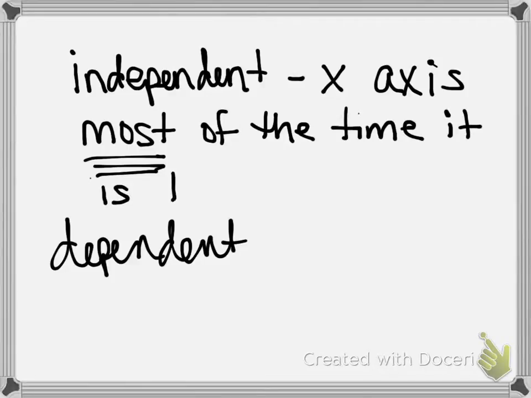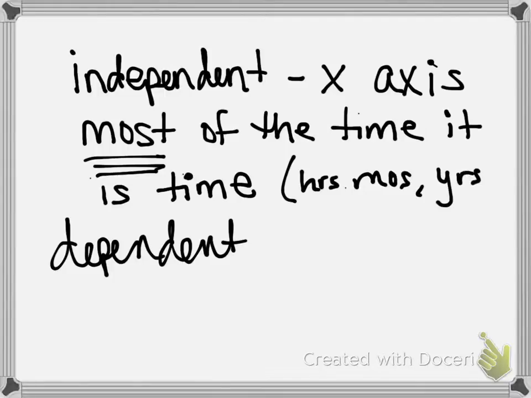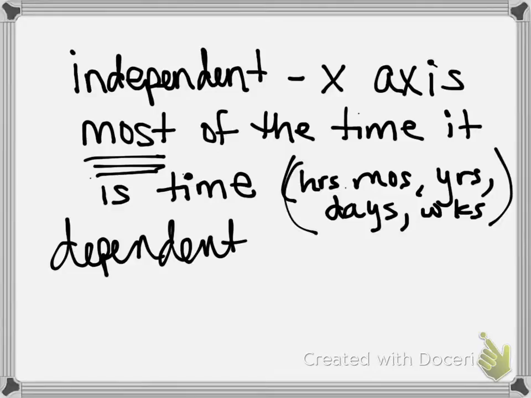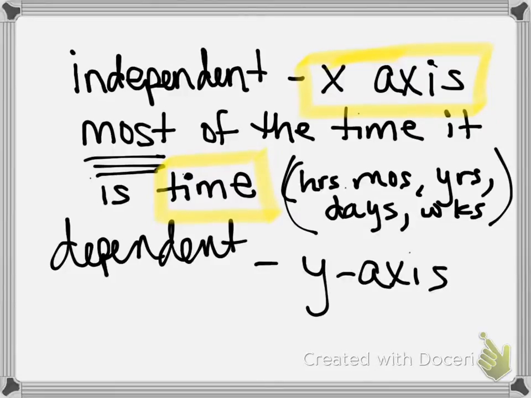So if faced with a situation that has time involved, and that could be hours, months, years, days, seconds, weeks, anything that involves time, if you're unsure, it's a pretty safe bet that that's going to be on your x-axis. Your dependent variable is anything else, and that's on your y-axis.